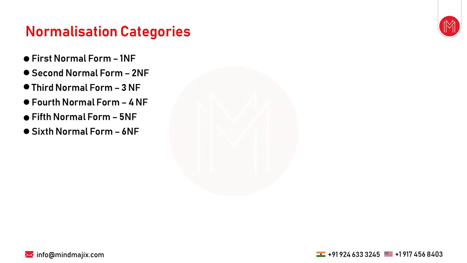Only when those rules are fulfilled can we apply the second normal form. For applying the third normal form, the table should already have the second normal form applied on it. Now let us understand it through a very simple example.